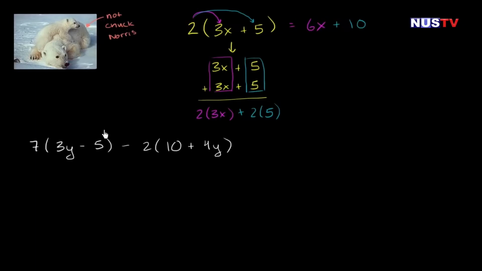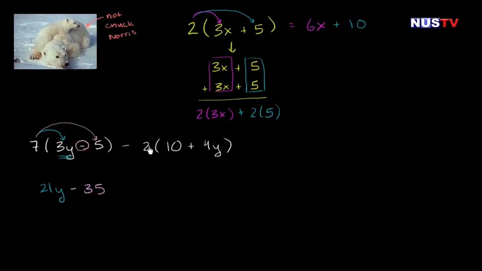Let's work on the left-hand side, the 7 times 3y minus 5. We just have to distribute the 7. 7 times 3y gives us 21y. Or if I had 3y's 7 times, it's going to be 21y's, either way you want to think about it. Then we're going to be careful with the sign: this is 7 times negative 5, which is negative 35. So we've simplified this part of it. Let's simplify the right-hand side.